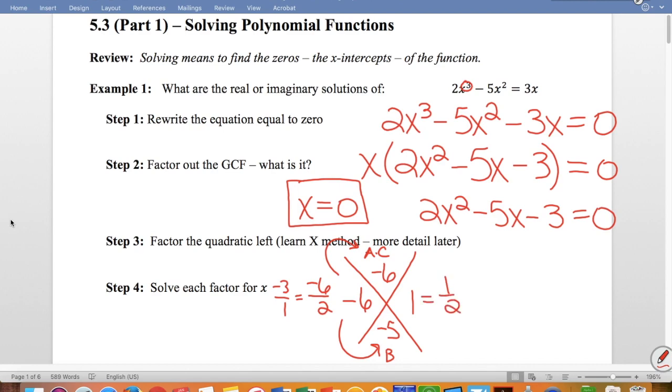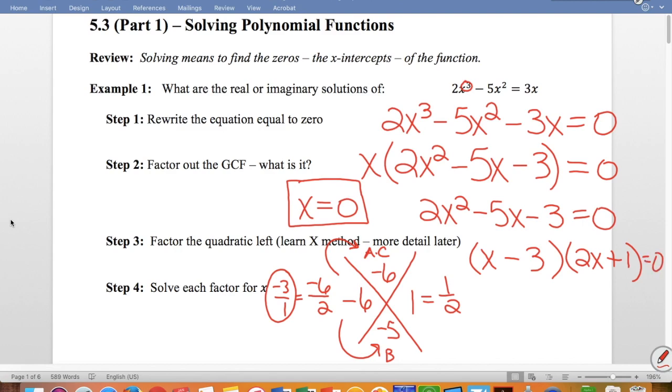I'll talk about it later, but for my negative 3 over 1, the denominator is my coefficient of x, and the numerator is the constant that goes in the parentheses. Same thing on the right side. So there I have factored, and all of this is equal to 0.